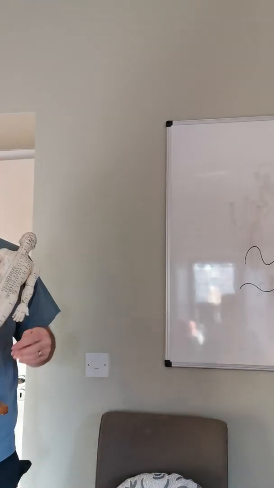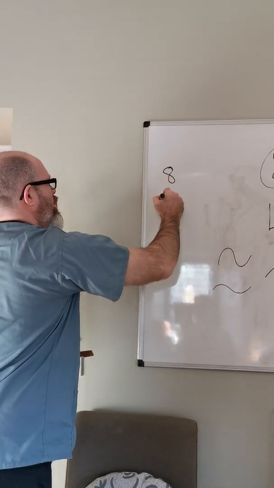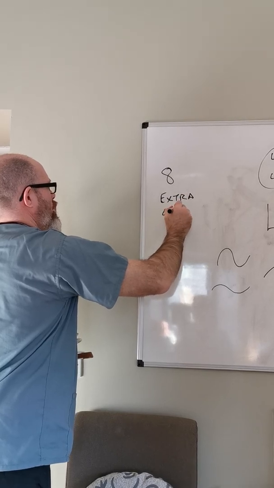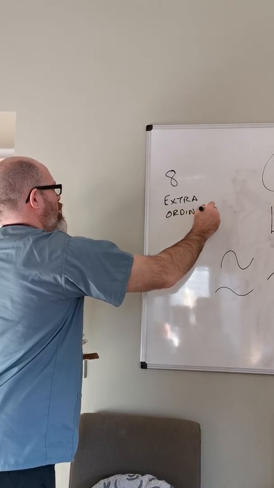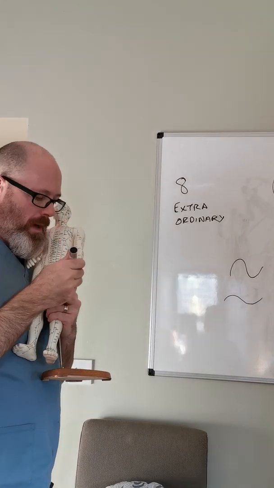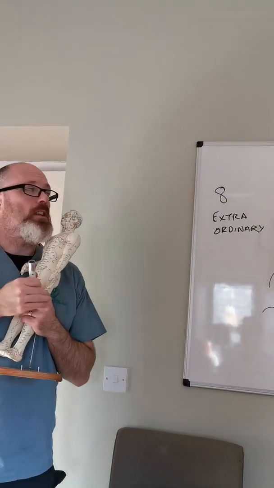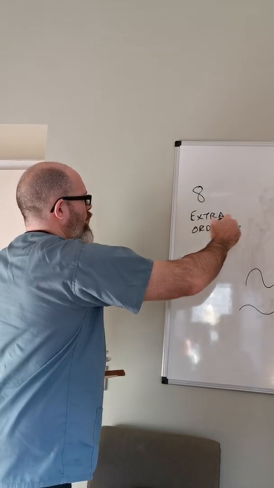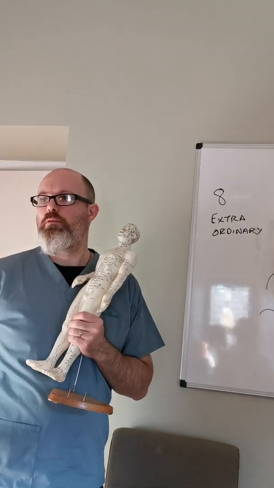Part of the third year's homework will be to look at the eight extraordinary, because they can be used to access much deeper, primal energy. Interestingly, the extraordinary flows are the first meridians created.